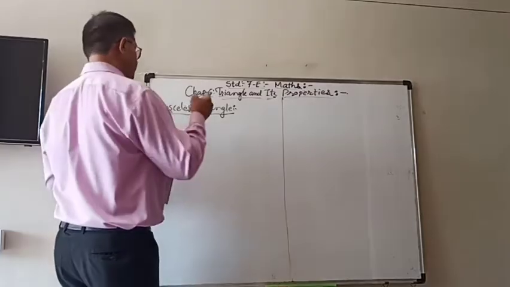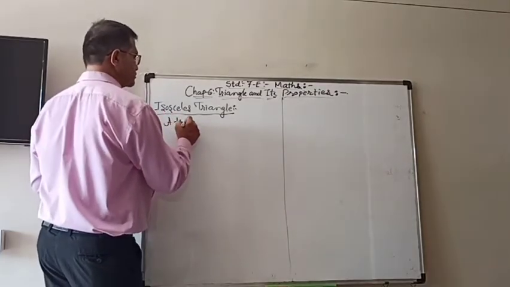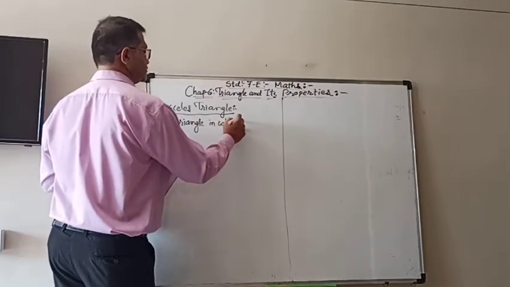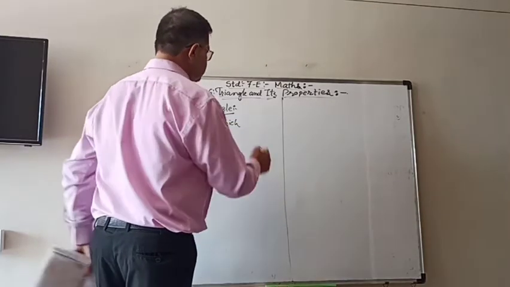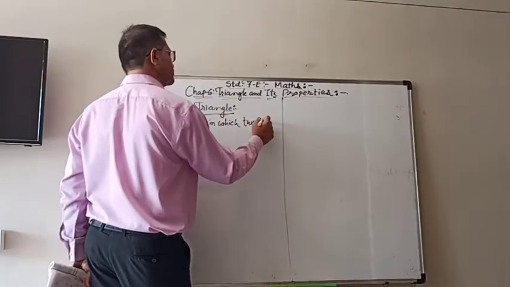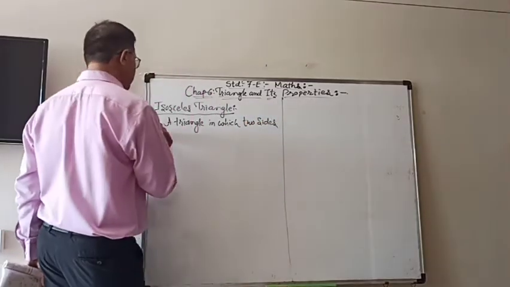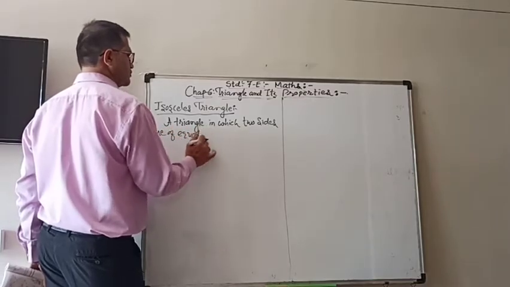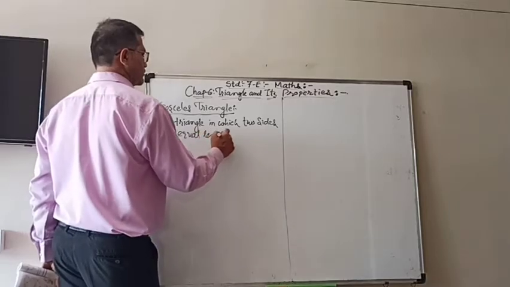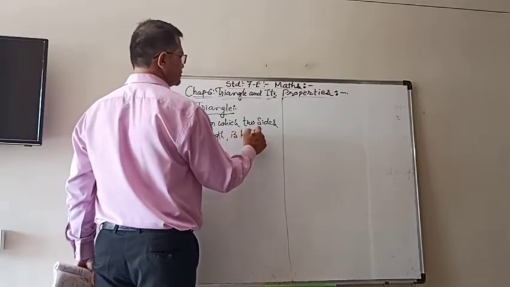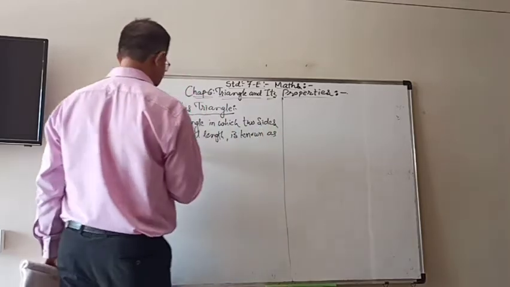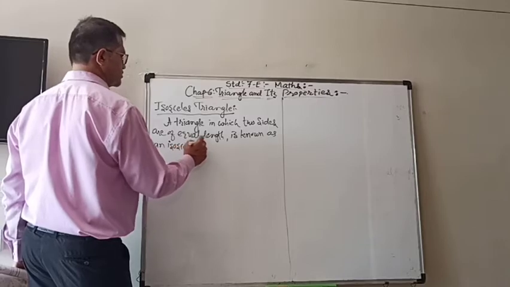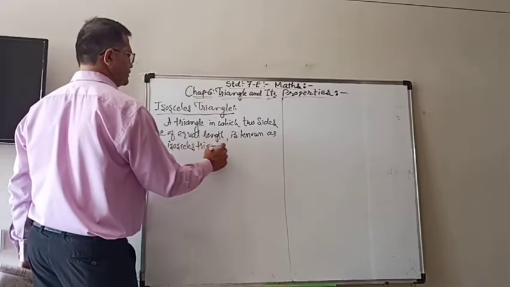So, a triangle in which two sides are of equal length is known as an isosceles triangle.